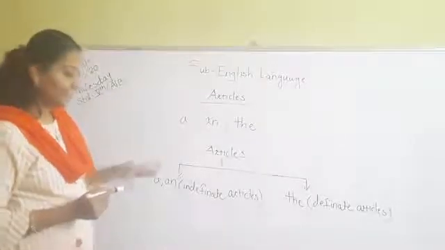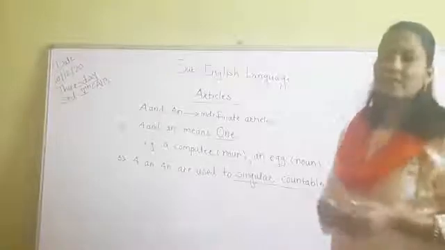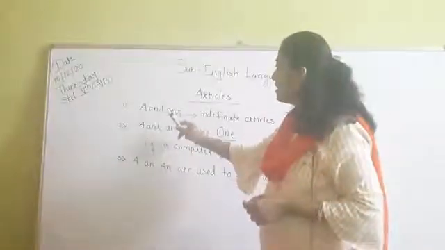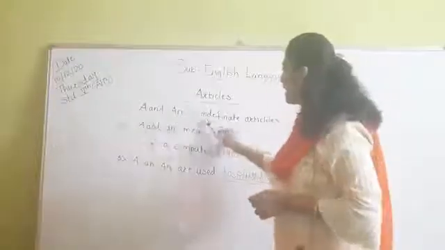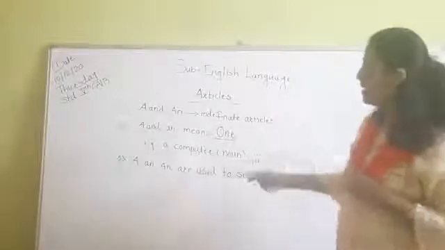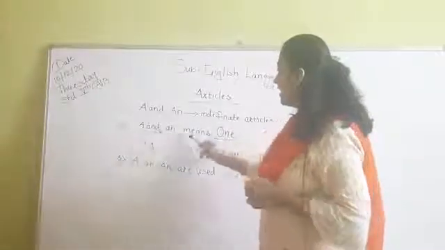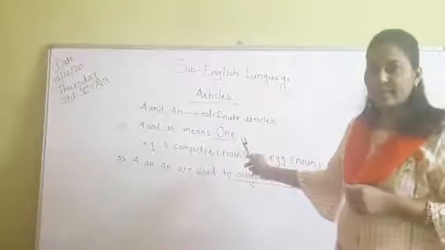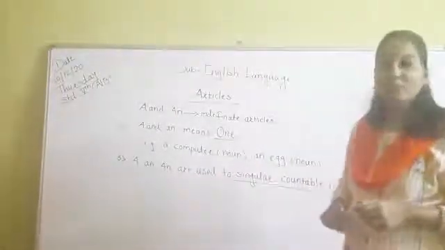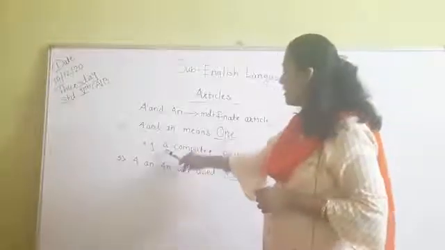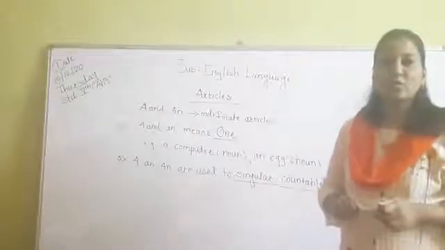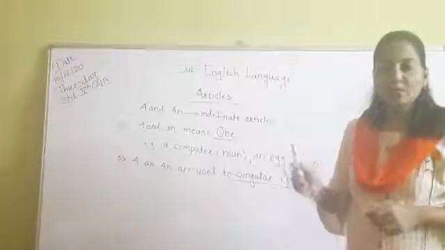Now, let's move forward. Students, the first thing you have to keep in mind is that a and an are known as indefinite articles. The second thing, a and an mean one. What is the meaning of a and an here? It means one. A and an are used when we are talking about one person, one thing.